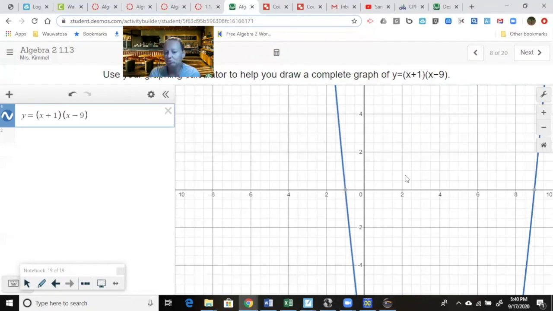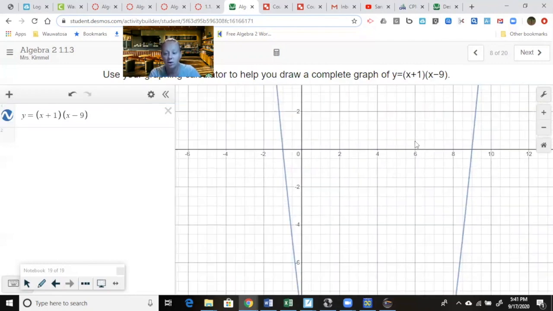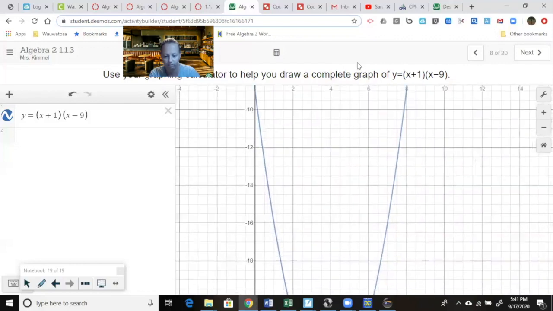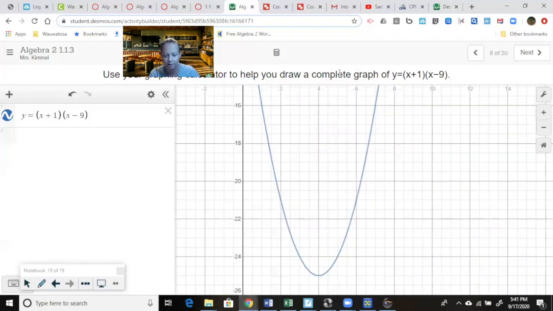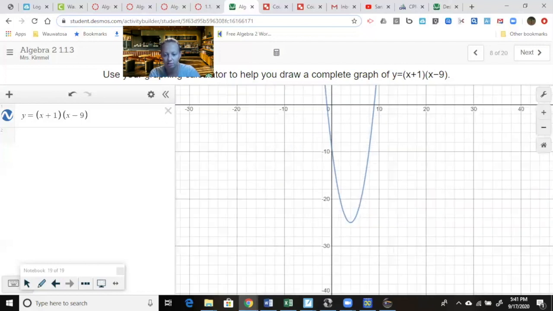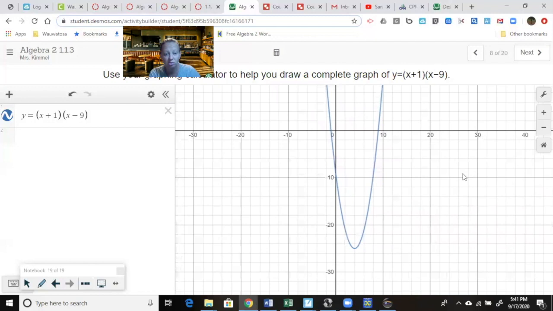Do you see how my screen doesn't show me the entire shape? So we need to know a window that would show us more of the shape. Oh boy. So the other option we can do is zoom out just to get more on the screen. And that looks like an okay view.